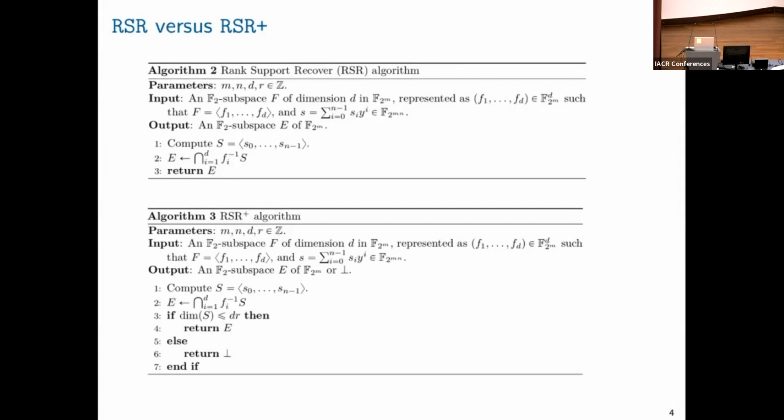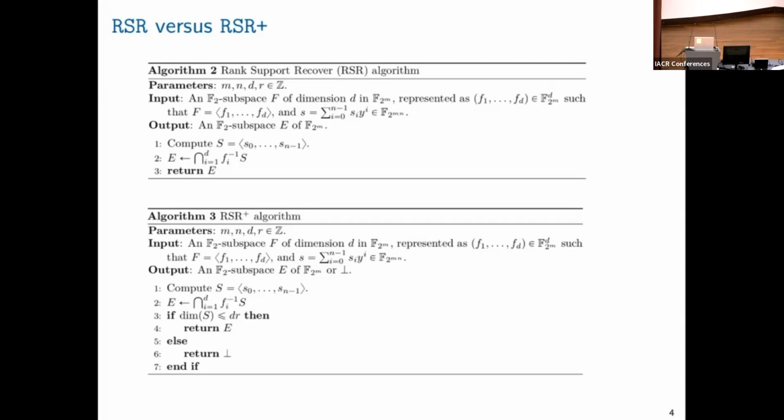What makes this algorithm not so efficient is that in order to represent this space big S, we need n field elements if we don't have any assumption on S0 to Sn-1.